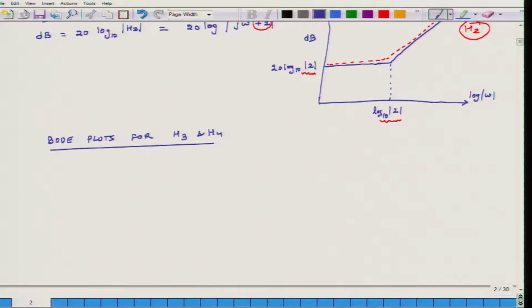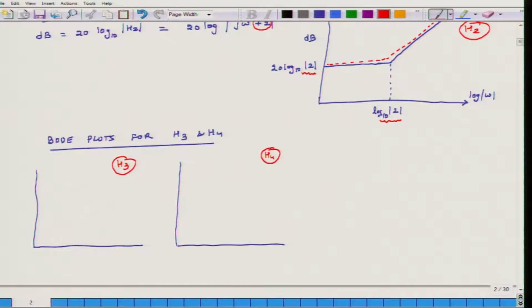We are going to directly develop the Bode plots because I think we have done a sufficient amount of practice. So, H3 and H4 are simple poles. Okay. So, what that means is that their Bode plots, my horizontal axis in both these cases is log of omega, and on the vertical axis, or y axis, I have decibels.